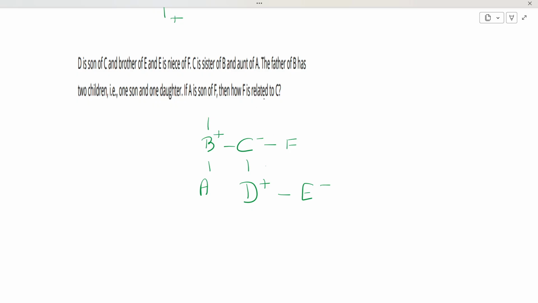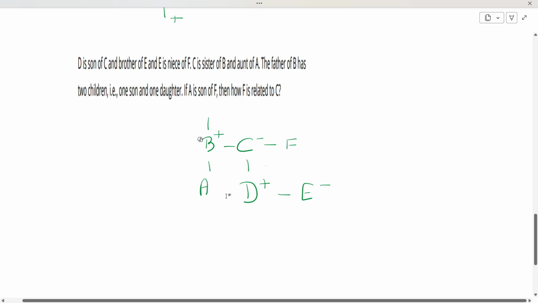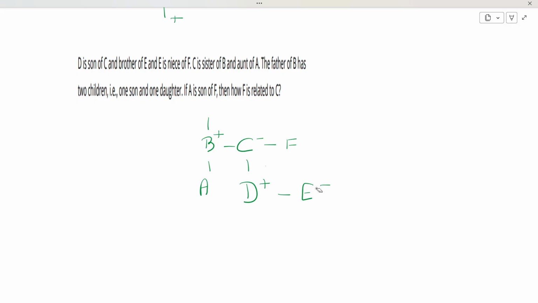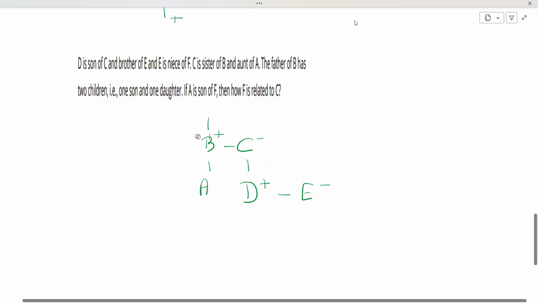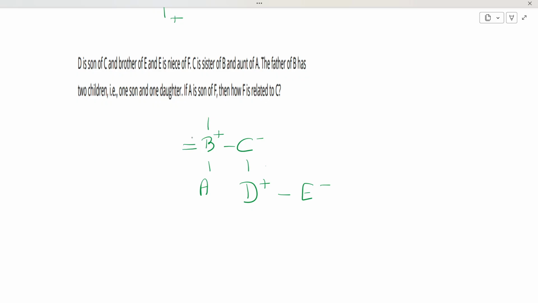That means we have to remove F from over here, and we'll be putting F over here. That means F becomes female.